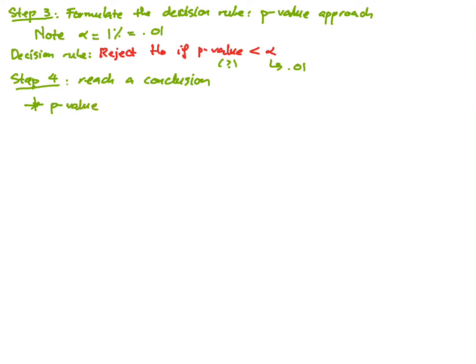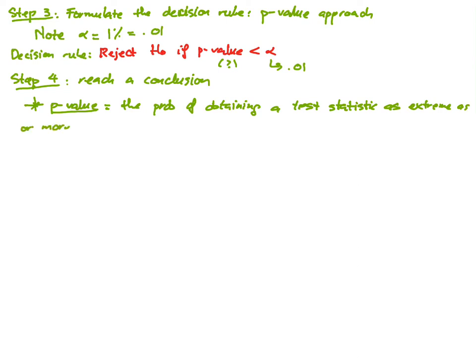Formally, the p-value is the probability of obtaining a test statistic as extreme as, or more extreme than, the observed value when the null hypothesis is assumed to be true.